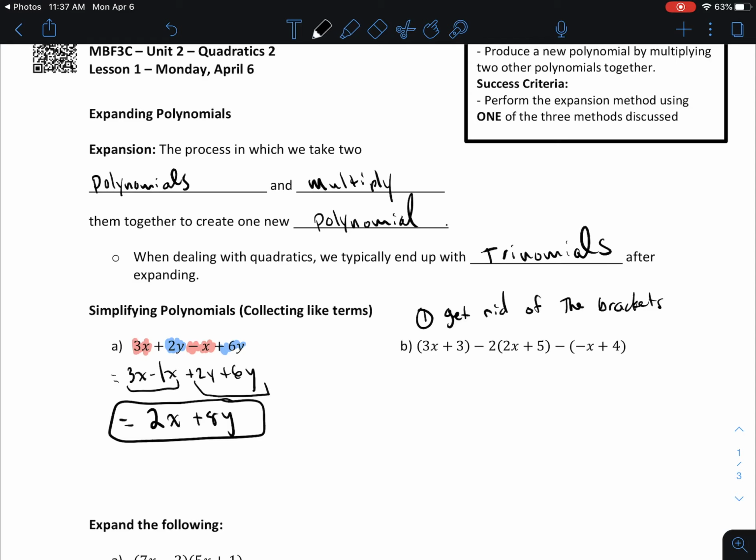But the first step should be to get rid of the brackets, right? And we're going to do that by simply taking whatever the number is out front. You have to pretend there's a number 1 there. I've got the -2 here, and I have a -1 here. I'm going to take the number that's out front of each of those, and I'm going to, what we call, distribute into the bracket.